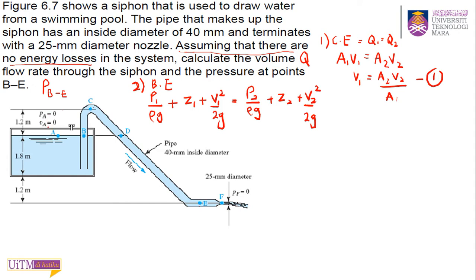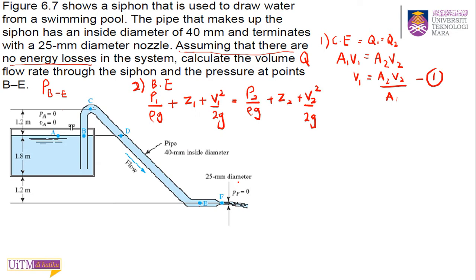You have to know all of this information. It's a different application, so we have different information. And as well the pressure at point F, because it is released to atmosphere, we also assume the pressure at F is 0.